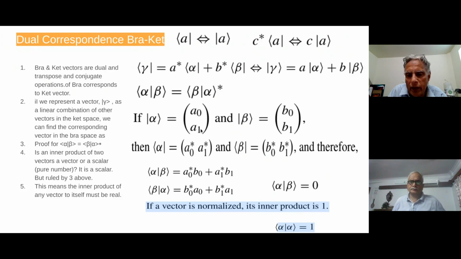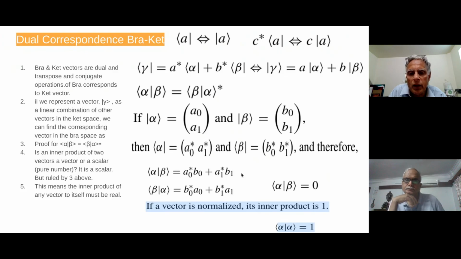For example, if alpha we have taken as A0, A1 and beta as B0, B1, then the bra alpha will be the complex conjugate of A0, A1, whereas bra beta will be B0, B1 conjugated, and the ket basis has no complex conjugates. In terms of bra, there will be complex conjugates, and if you take the combination, it is alpha beta and beta alpha.